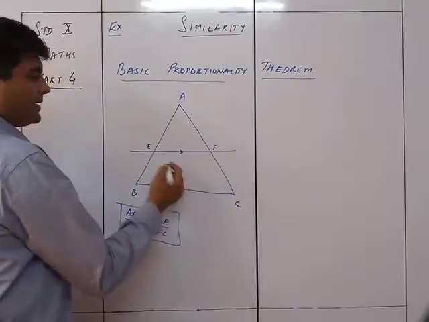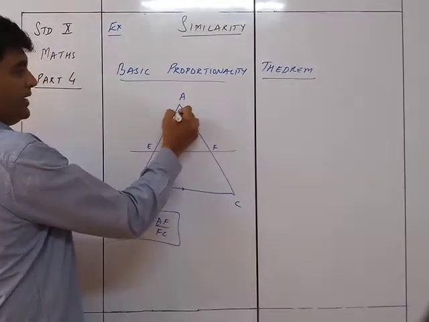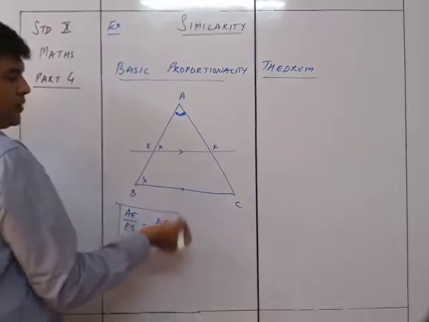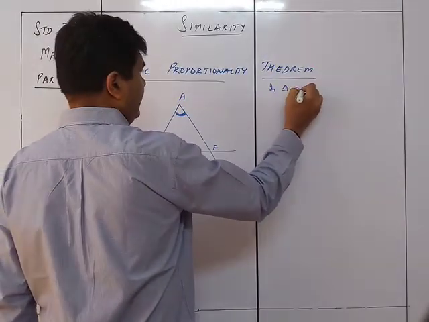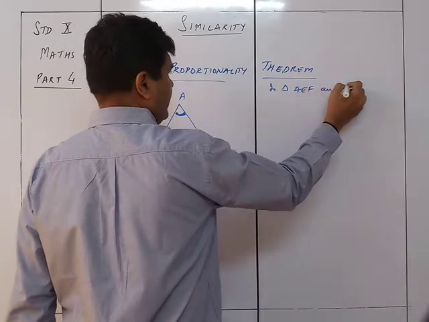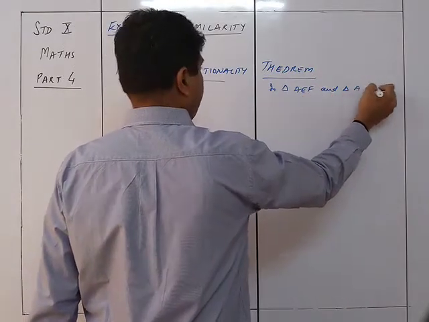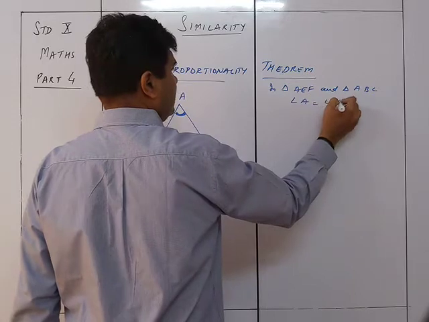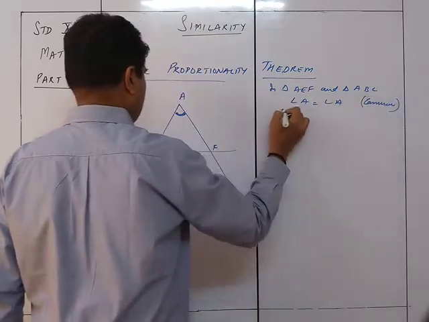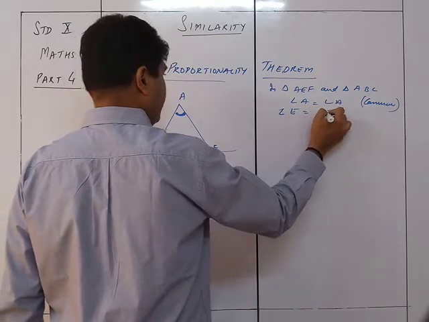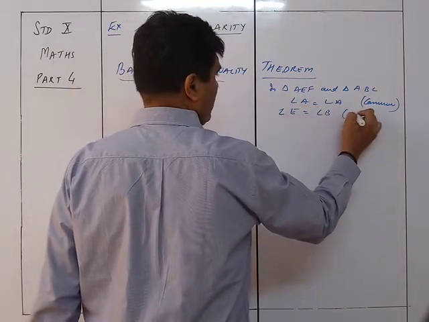Now we know that these are parallel, so automatically this angle is common, and this angle and this angle are corresponding. So in triangle AEF and triangle ABC, angle A is equal to angle A, common, and angle E is equal to angle B, which is corresponding.